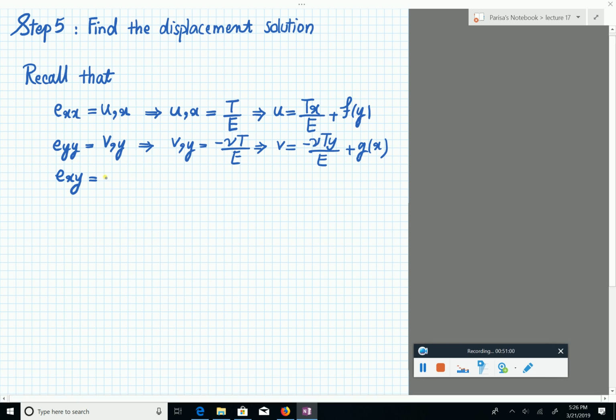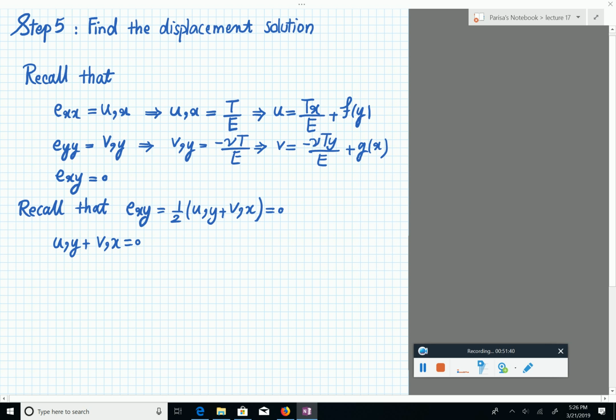Exy is 1/2 times u comma y plus v comma x, right? So if this is 0, u comma y plus v comma x has to be 0.